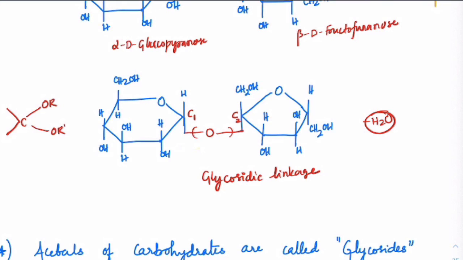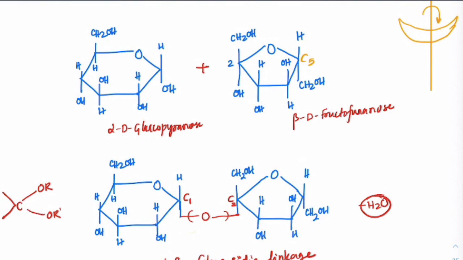This glycosidic linkage is between alpha and beta, so that is why it is called an alpha beta glycosidic linkage. Alpha of glucose, beta of fructose, both got into a connection this way. And if you were asked what is the structure of sucrose, this is the structure of sucrose.